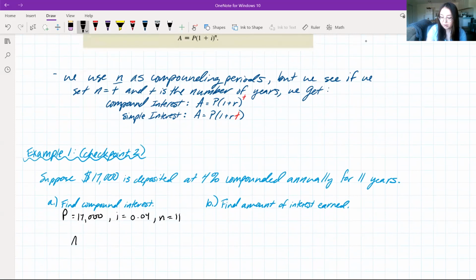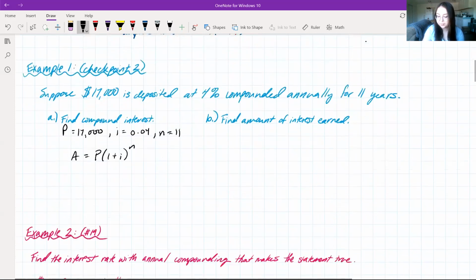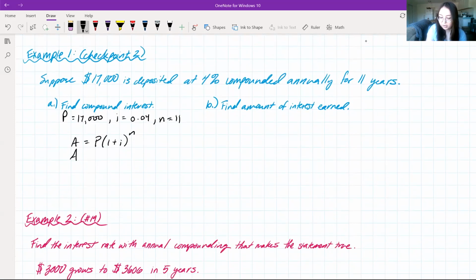Let's rewrite our equation so we don't forget: A equals P times (1 plus I) to the n power. Now let's plug all our values in. We get A equals 17,000 times (1 plus 0.04) to the 11th power. Now we can simplify as much as possible, so let's add what's inside our parentheses.